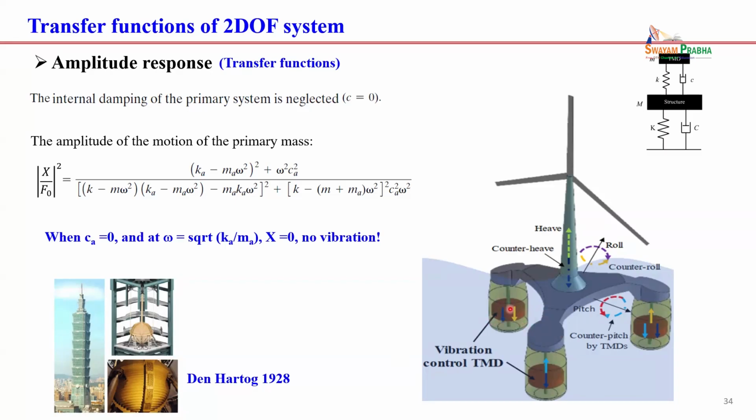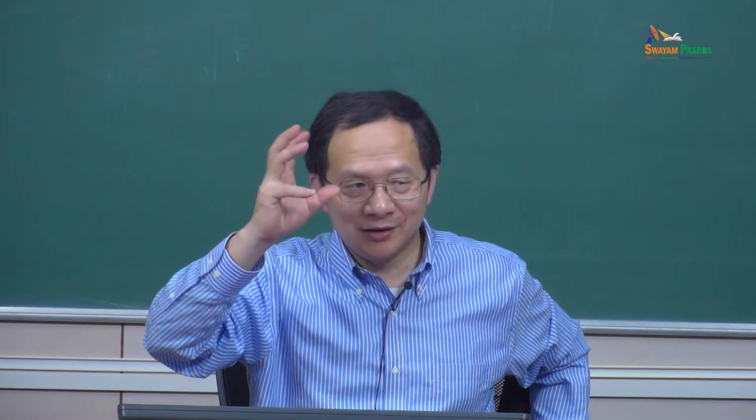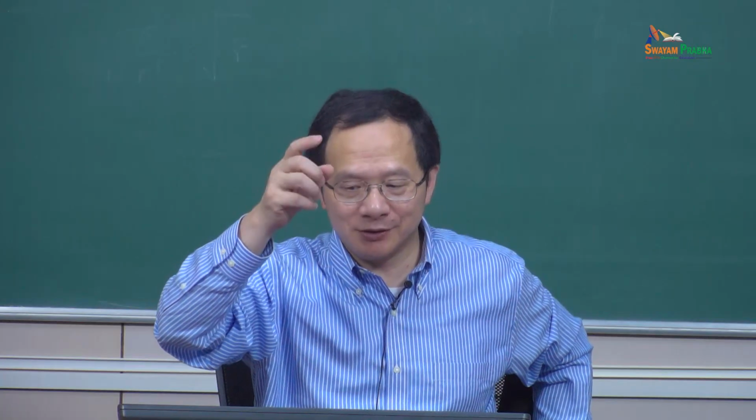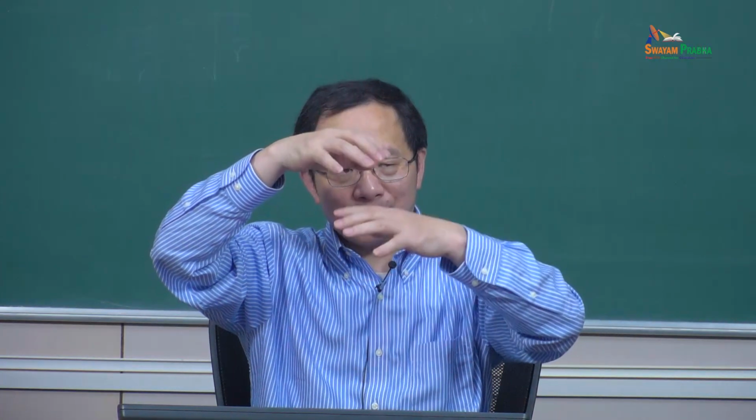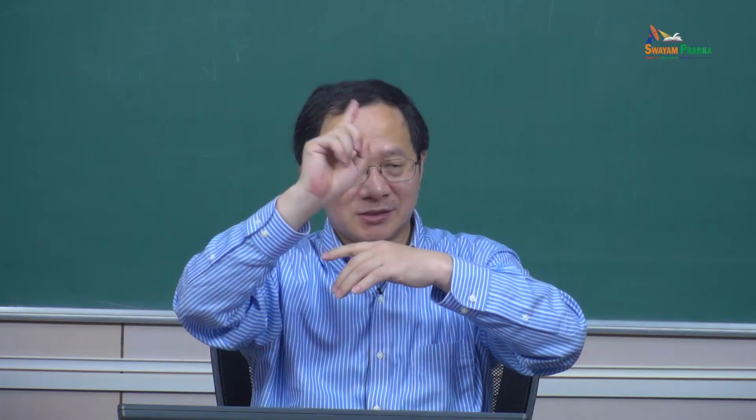We not only use this mass, we also use rotation inertia. That means in this system, we have two functions. One function is to harvest energy. We put a rotation inertia, we put a generator here. When this mass moves up and down, we change this energy into electricity, right?